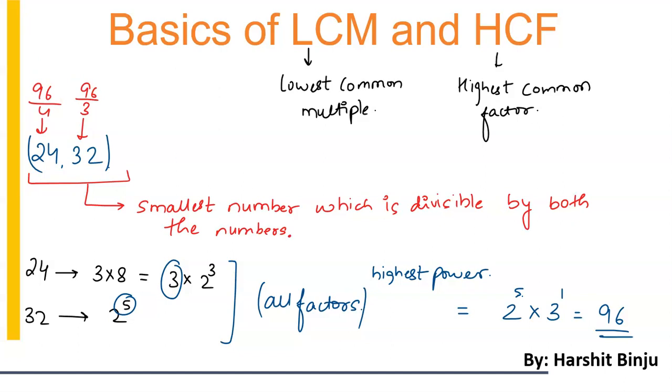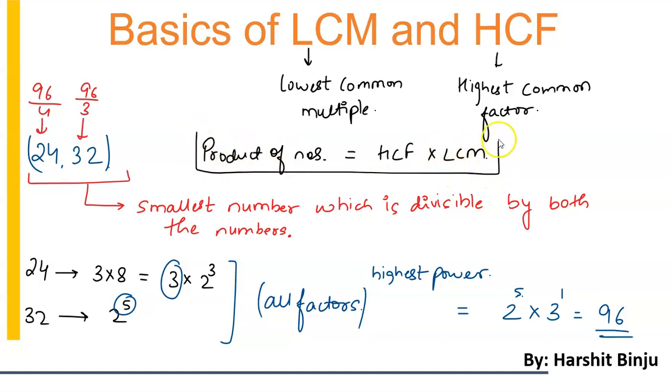Now, another thing which you need to remember is that the product of the numbers is always equal to SCF into their LCM. So you can validate the result also. 24 into 32 should be equal to 8 into 96.